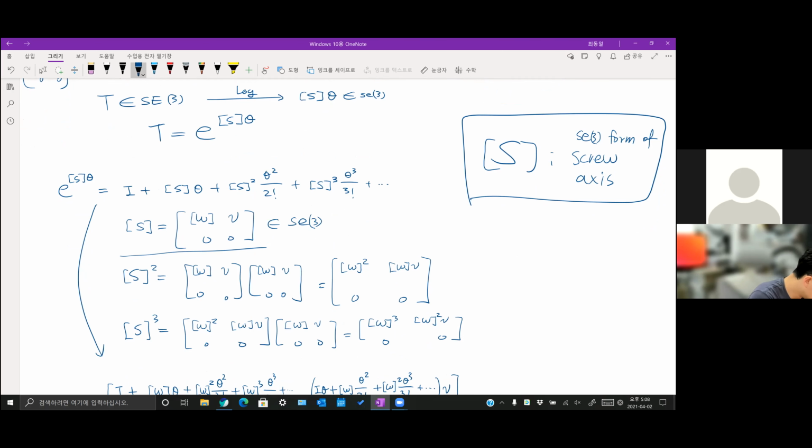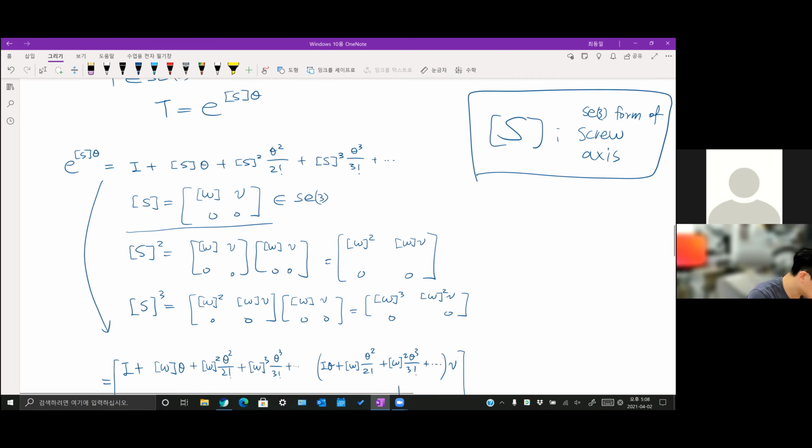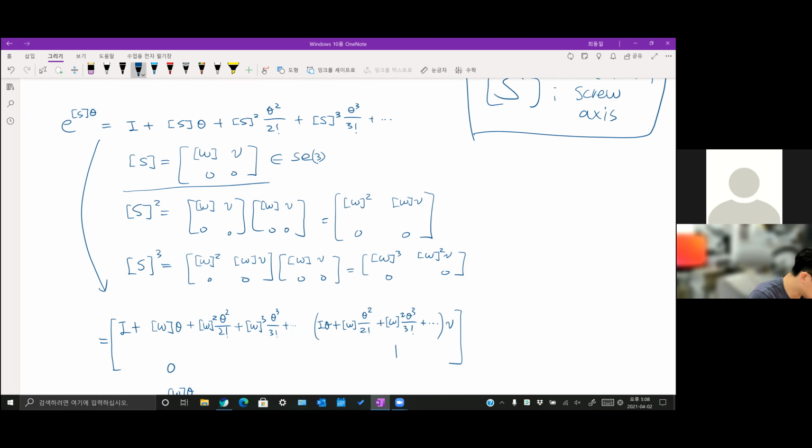If we take the square of this one, it becomes like this, and if we multiply one more time, we can get this one.